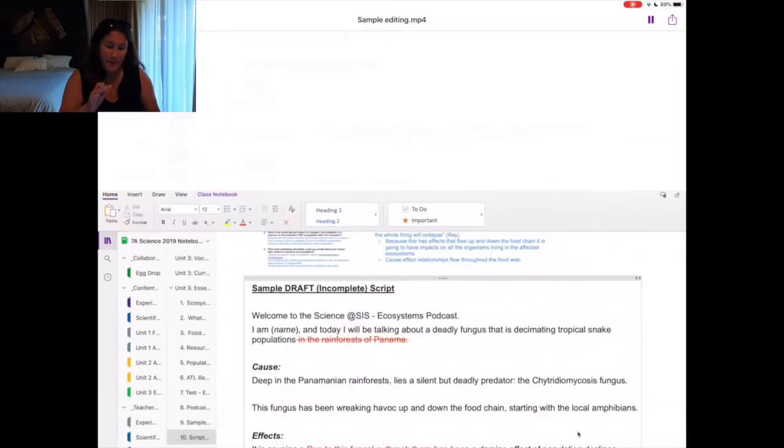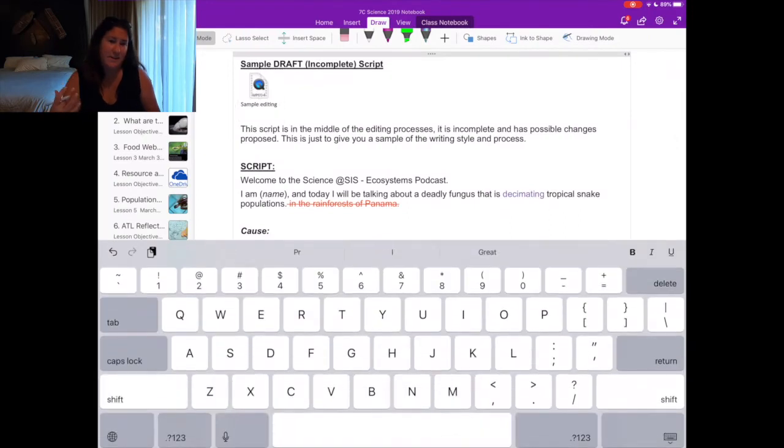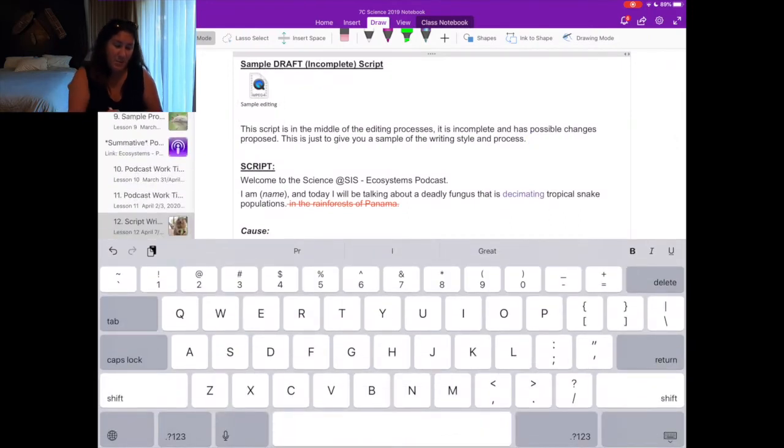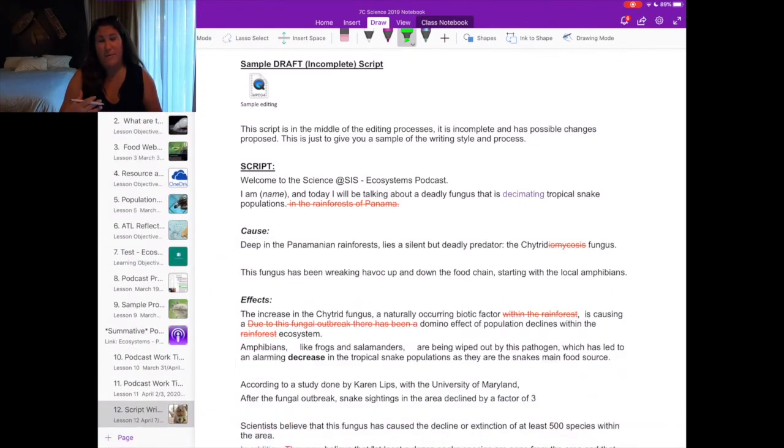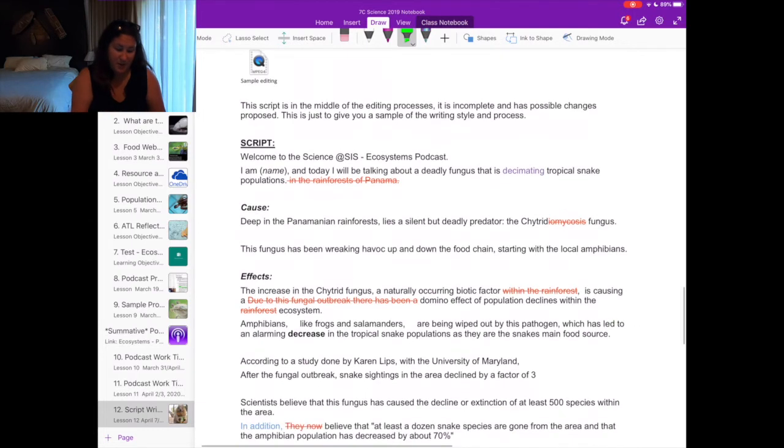So I'm going to read through the script just to get a sense of the language and the feel. A couple of things to note: this is incomplete. This is just a sample of the writing process. To help themselves, they've included section headings to help them organize and plan their ideas, but they're not actually going to say those words. Those are just to help them during the writing process.